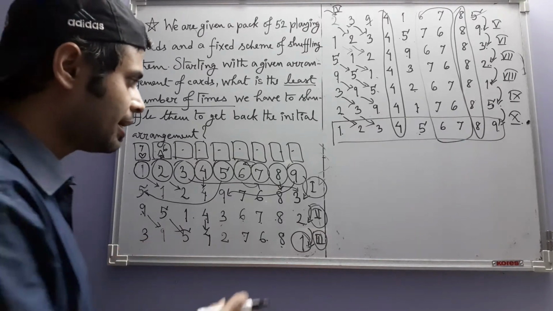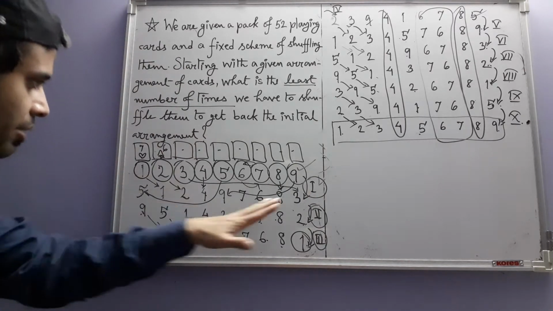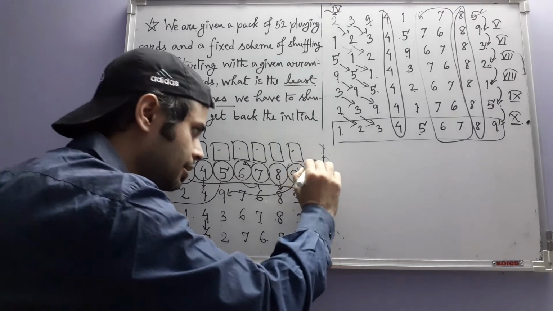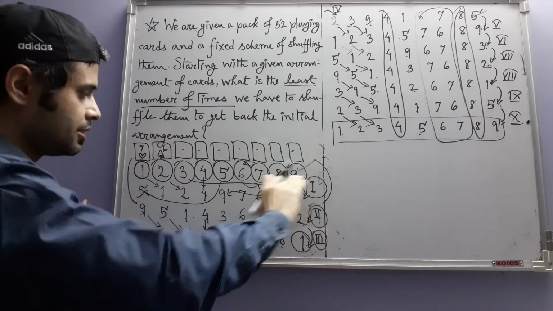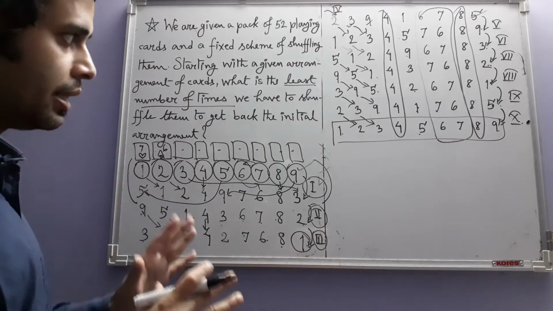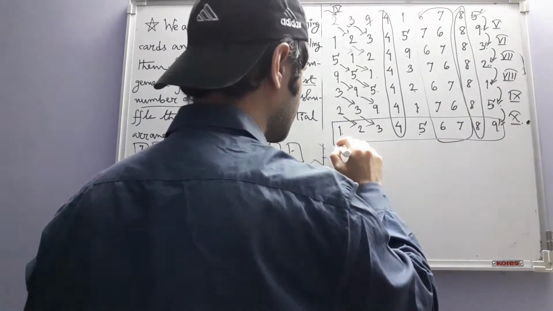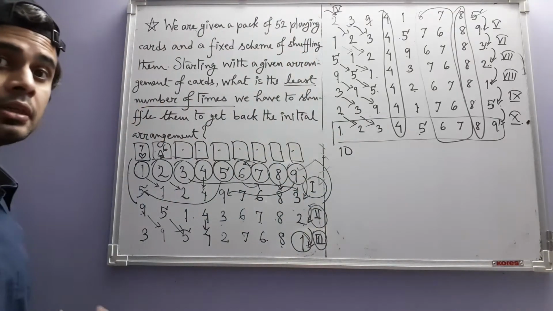So we see that if we are given 9 objects, and this is my shuffling scheme, this particular scheme which is given by this place, in going from this arrangement to this arrangement, the scheme has been shown. Then this least number of times we have to shuffle the deck to get back the initial arrangement is 10.